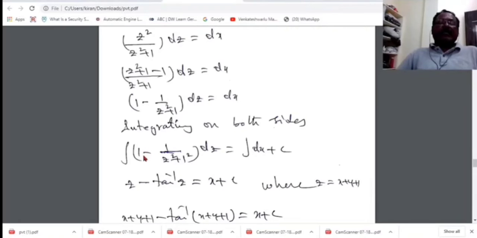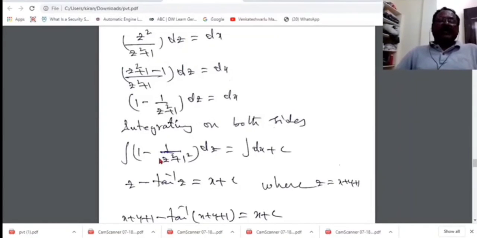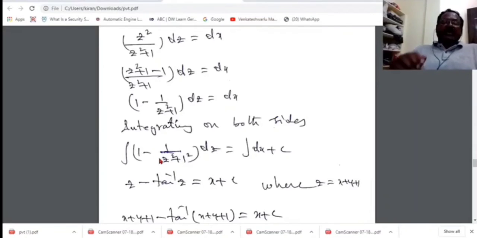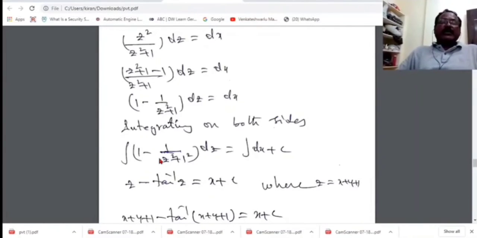Integrating with respect to z, the second term is of the form integration of 1 by (x square plus a square) dx, which is 1 by a tan inverse x by a. Using that formula, z minus tan inverse of z is equal to x plus c.